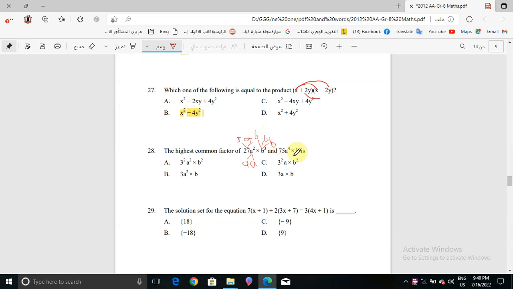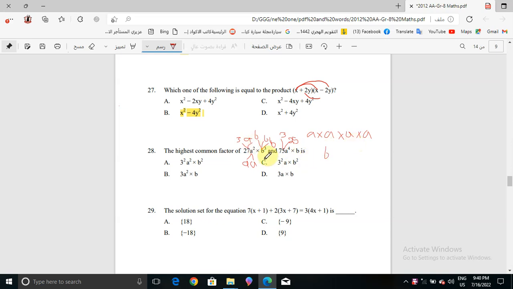Okay, here in 75, it will be 3 times 25, right? Then in a we have a times a times a times a, which means we are multiplying 4 times. Then we have b, which is only one b.